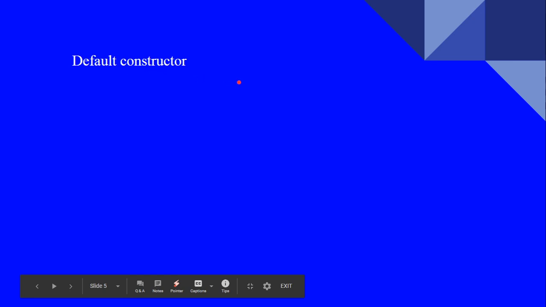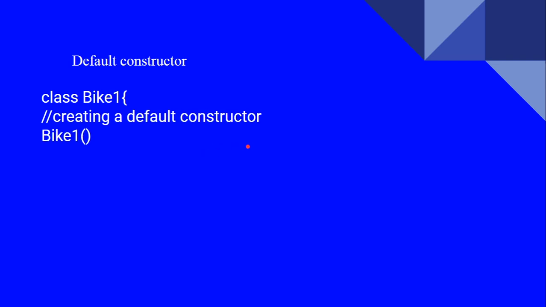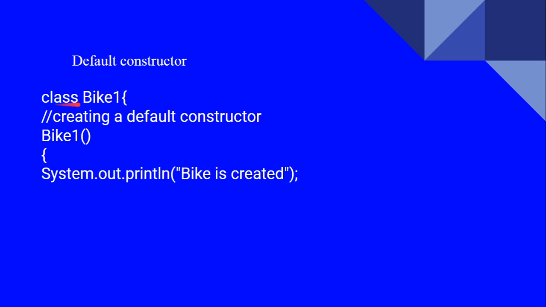So that's the example of the parameterized constructor. Now let us see the default constructor. What is a default constructor? As we have seen earlier, it is a constructor which has no arguments. This is an example of a default constructor. Class Bike1: Bike1 is the class name, so naturally Bike1 is the constructor name. You can see within the parentheses there is no argument, it is empty, so it is a default constructor.